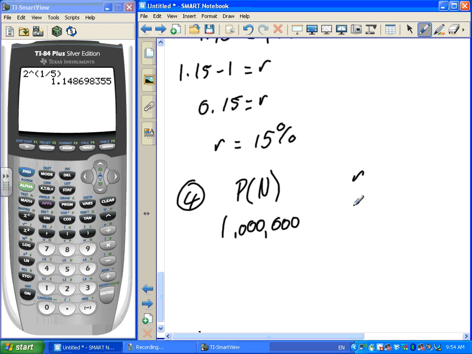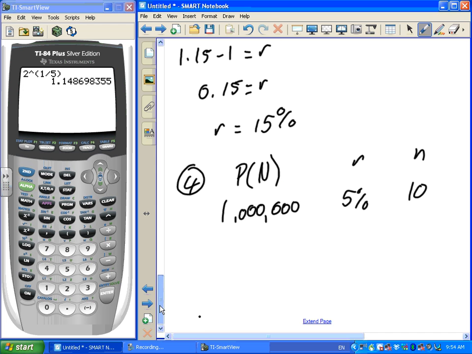Growth rate was 5%. After how many years? 10, right? N is 10 years. So our formula again, P at N equals P at O times (1 plus R) to the power of N.